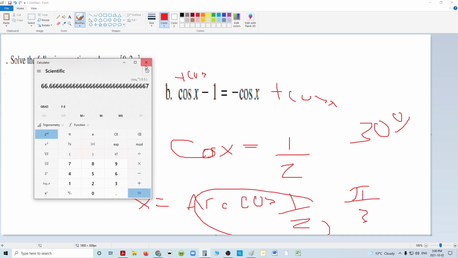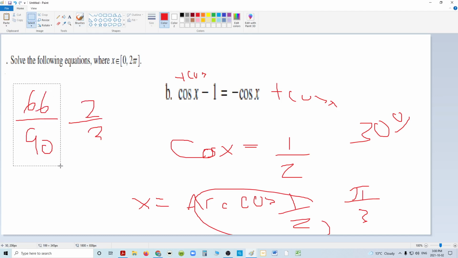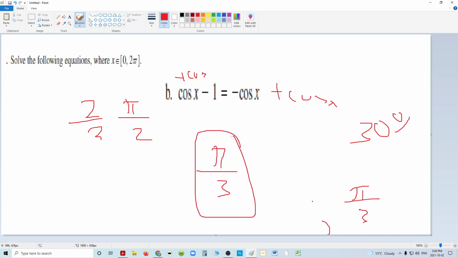Oh, no, I didn't. 66 out of 90 degrees is 2/3 of 90 degrees. Two-thirds of 90 degrees, which is pi over 2, is 2 pi over 6, which is pi over 3. So I still got the right pi.